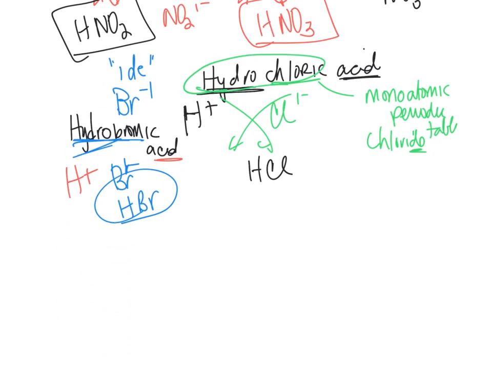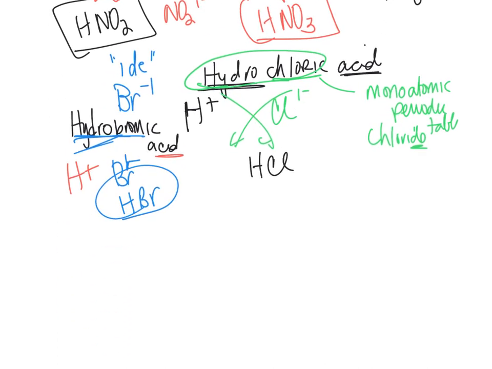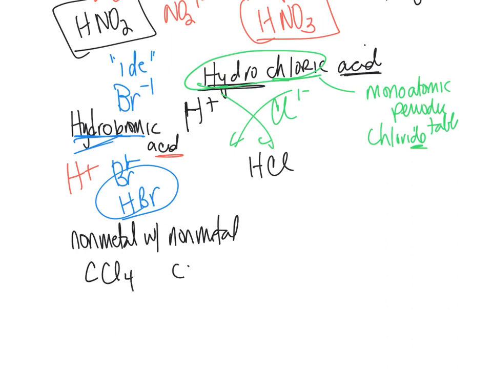Keeping on with the numbering and the naming, let's just do some other examples of a nonmetal with a nonmetal. We don't do charges, so like if you have something like CCl4, this is carbon and tetra, because that means we have 4 chloride.